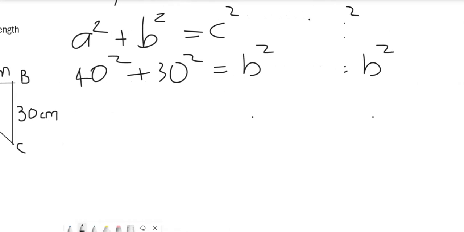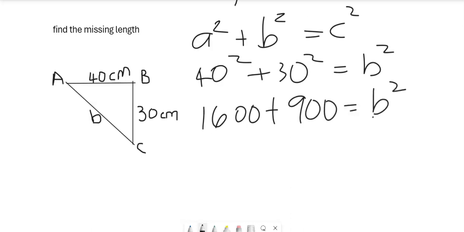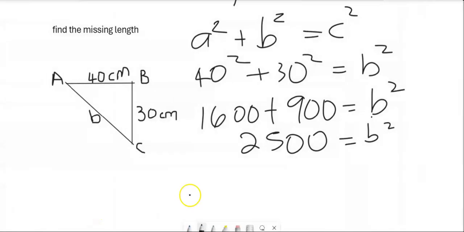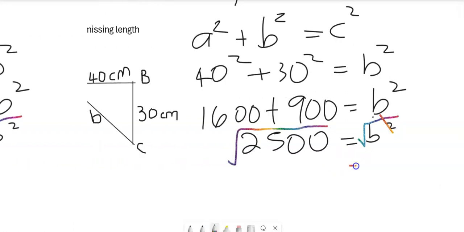Work that out. 40 squared, 1600. 30 squared, 900. And that is equal to b squared. 1600 plus 900, 2500 equals b squared. So b squared is equal to 2500. So we square root both sides. Square root cancels square.